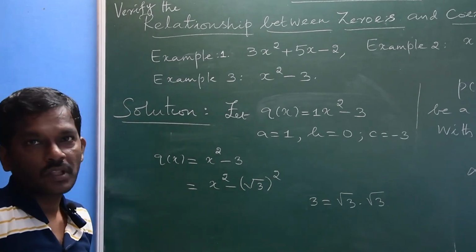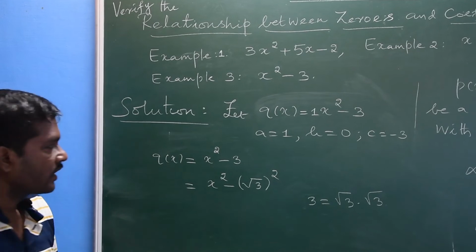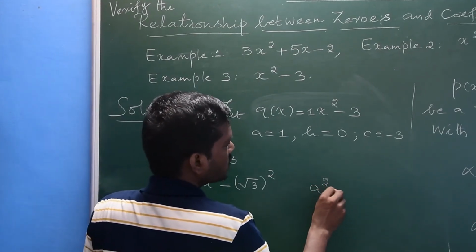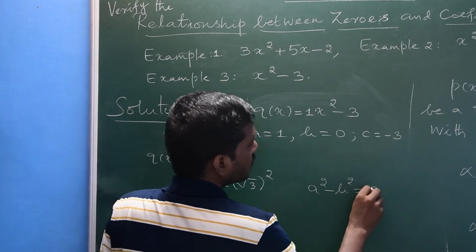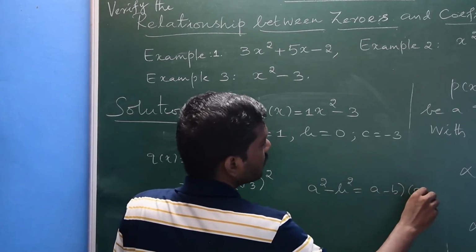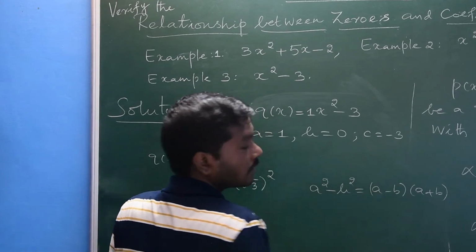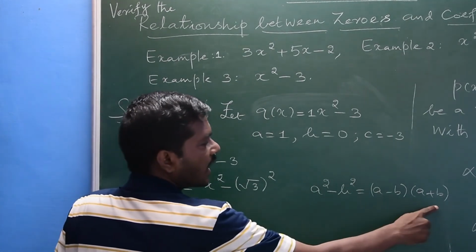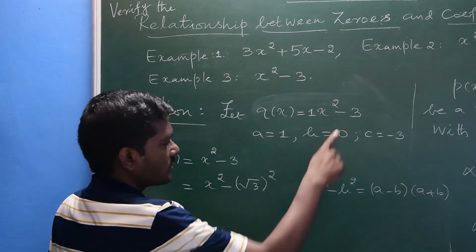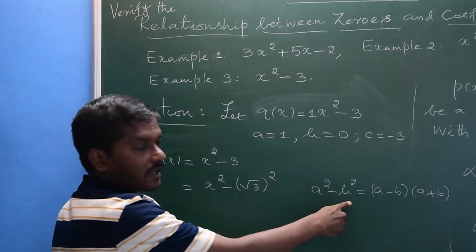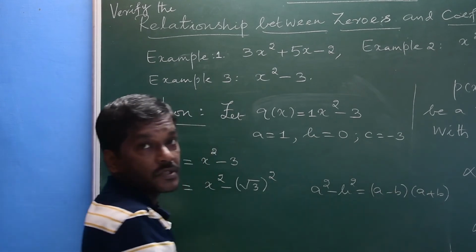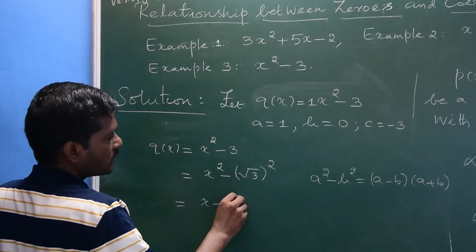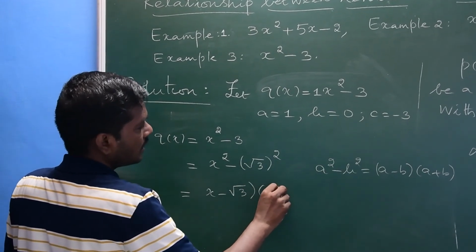We can write this, and we know that a square minus b square is equal to a minus b times a plus b. It is a famous algebraic identity: the difference of two squares is the sum and difference of the terms. So we can write it as x minus root 3 times x plus root 3.